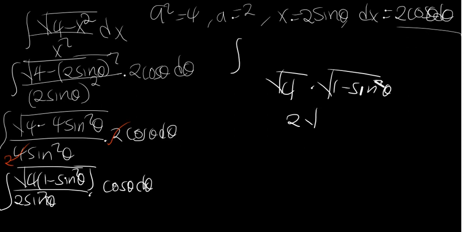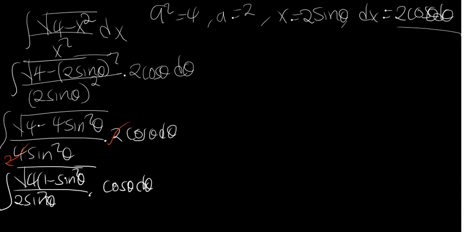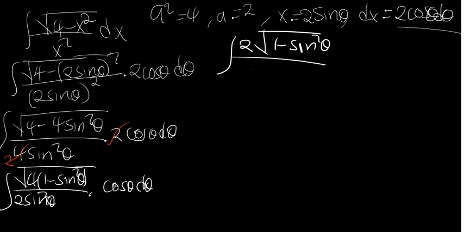So if that is the same, then we can now conclude that we have the integral, inside there I'm going to factor out 2 now, because the square root of 4 is 2. So it's going to be 2 root of 1 minus sine squared theta, everything divided by sine squared theta.